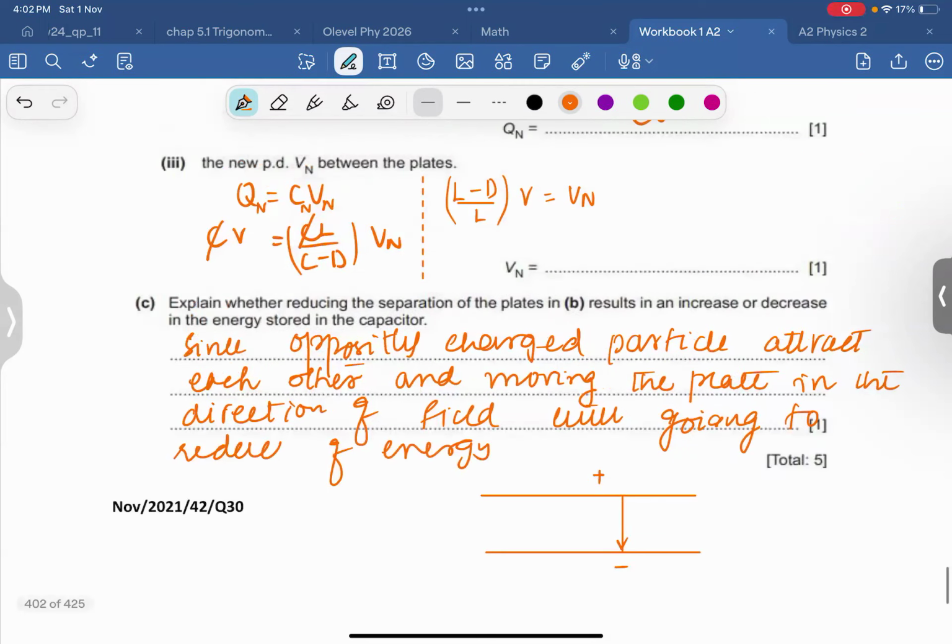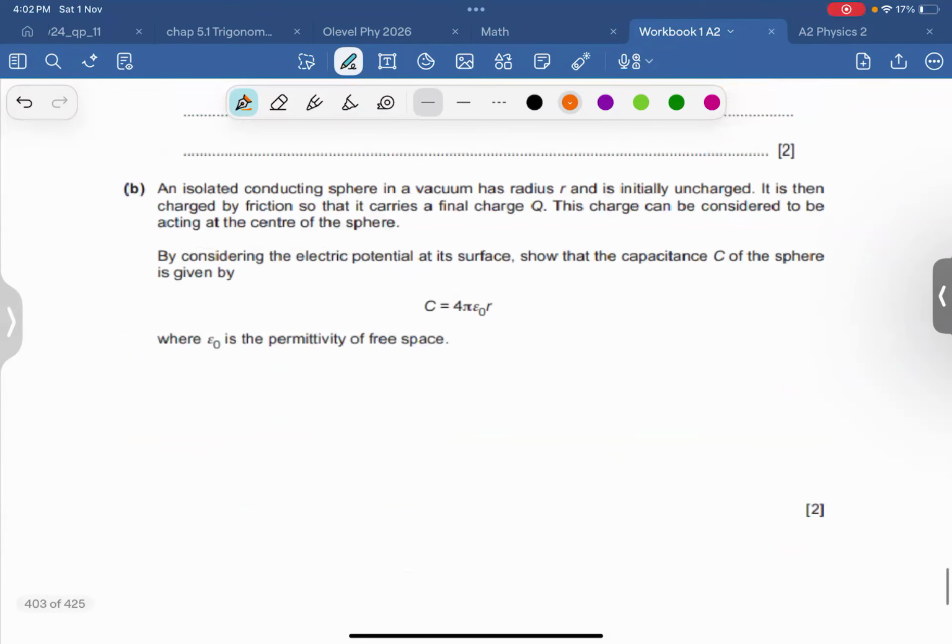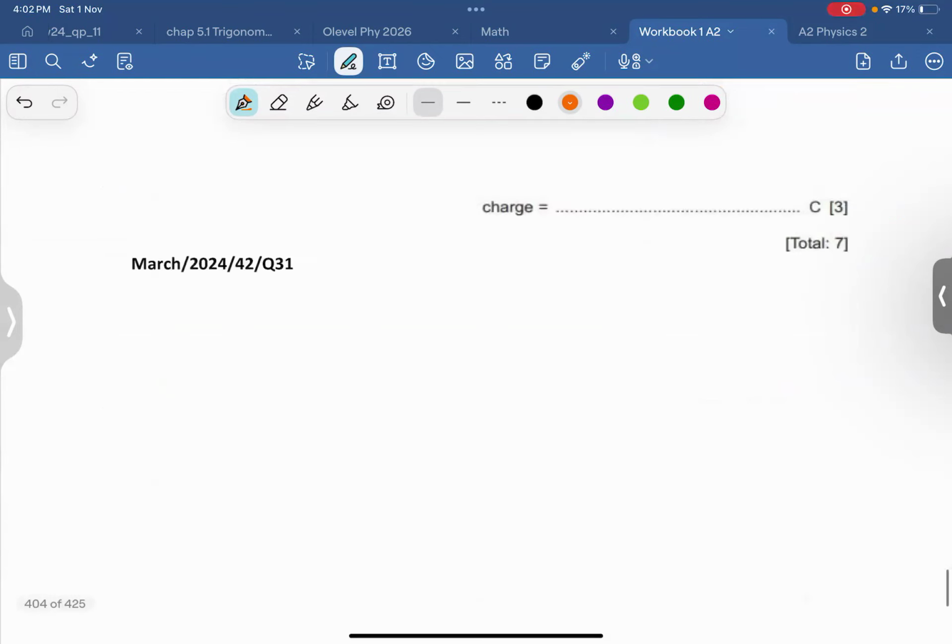So this is the concept, and that is the last question, and the rest is easy, right?